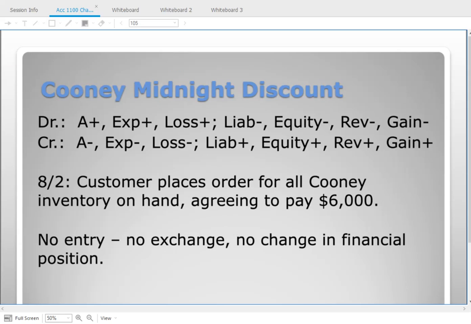Because here, there's no exchange, no change in the financial position. It's just an agreement. If I told you that we're going to hire a secretary, hiring the secretary is not an entry. But when I pay the secretary the salary, that's salary expense. When I have just an agreement, this is no entry.